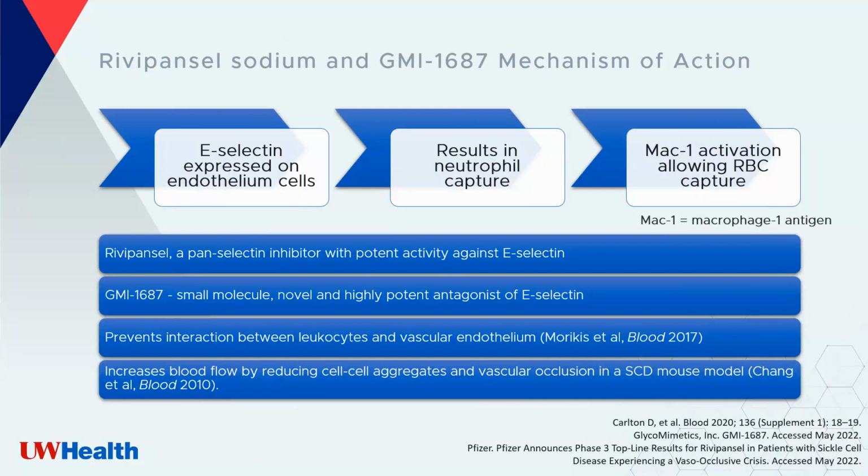E-selectin is expressed on endothelial cells, and this results in neutrophil capture and triggers MAC-1 activation, which allows for red blood cell capture. And so preventing E-selectin prevents interaction between leukocytes and vascular endothelium, and it increases blood flow by reducing cell-to-cell aggregates and vascular occlusion in sickle cell disease.